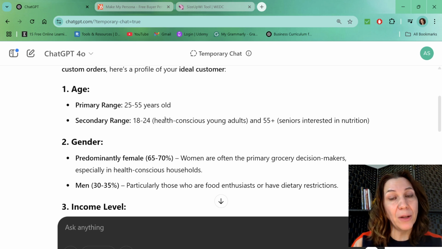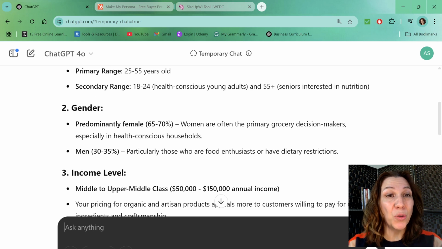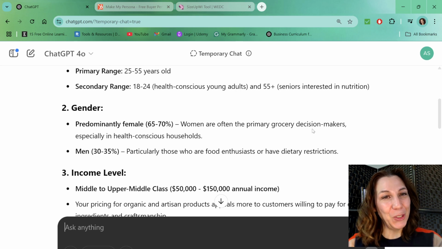But this is secondary. Our primary, we should be focusing more on the people aged between 25 and 55 years old. Also gender, we have predominantly female. 65 to 70% are women, often the primary grocery decision makers. So they're making the decision, so they're purchasing your products.